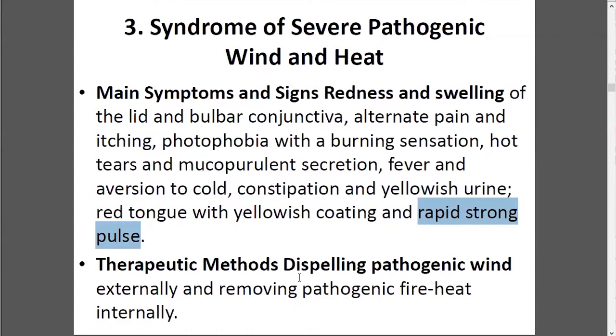But there are still some external symptoms, not totally reduced. We say fever and aversion to cold are still there, but the pulse has gone internal already. It's not a superficial pulse anymore.